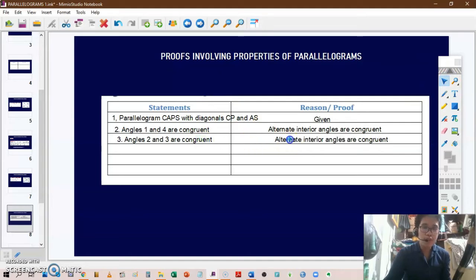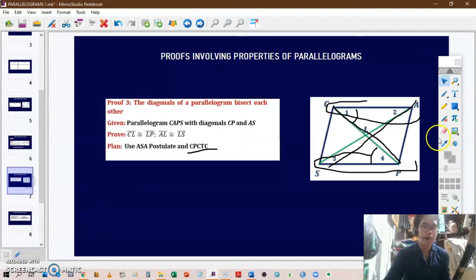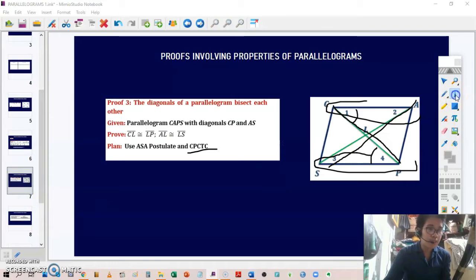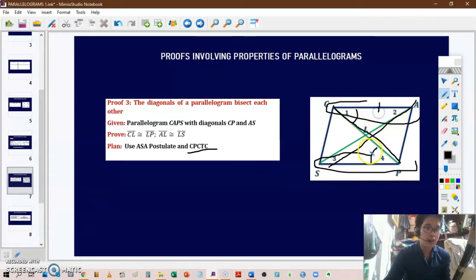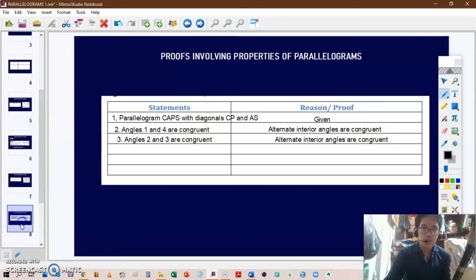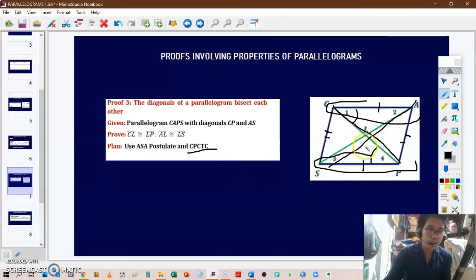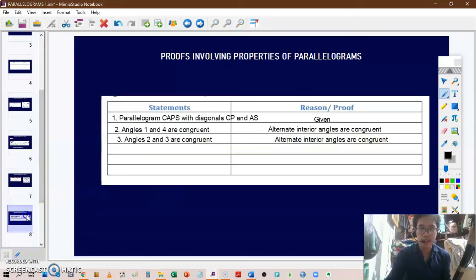And for statement number 4, if you notice, guys, we have a parallelogram, so that must mean its opposite sides must be congruent. So side CA must be congruent to SP, and side CS must be congruent to side AP. But for this specific problem, since we're trying to prove CAL and SLP as the congruent parts, let's use CA and SP.